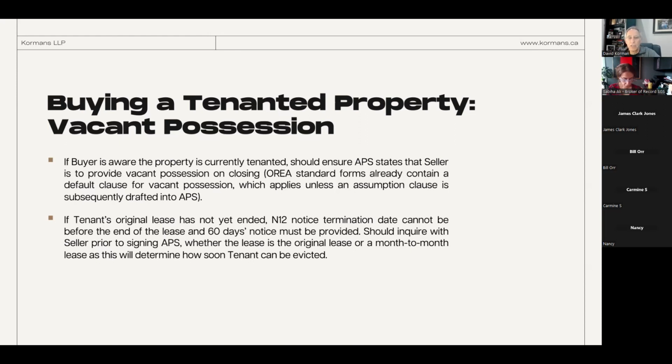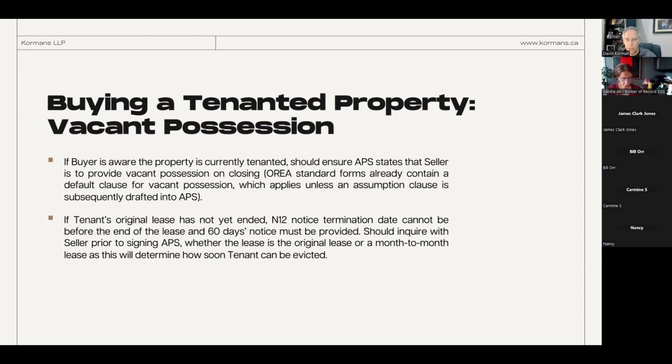If the original lease has not ended, the N12 notification date cannot be before the end of that lease term. Okay, you can't shorten that lease term just because you might bona fide want to give an N12. You can't say, oh, we're closing on April 30th, your lease isn't up till June 30th, but the buyer wants this for their own purposes, so we want you to get out before your lease ends on June 30th.